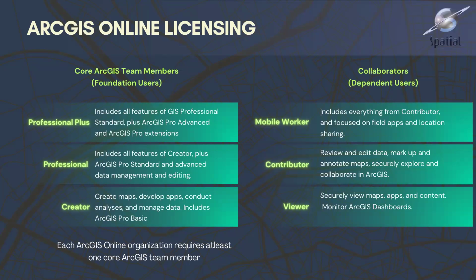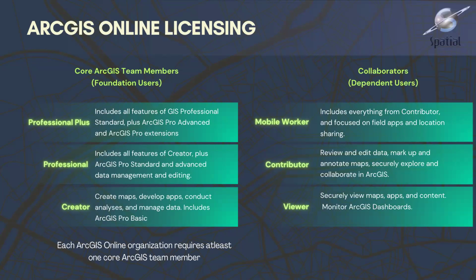Next, you have your contributor. This license allows users to update and maintain existing GIS datasets without the full creation or analysis capabilities. It's best for data editors or quality control staff who ensure your maps and datasets remain accurate and up to date.